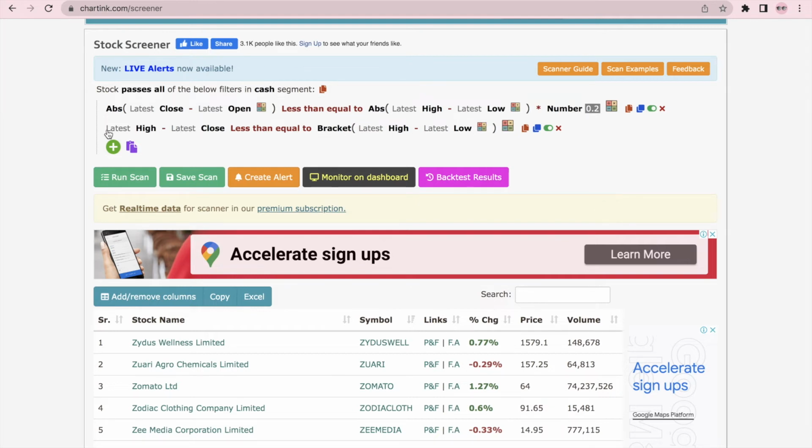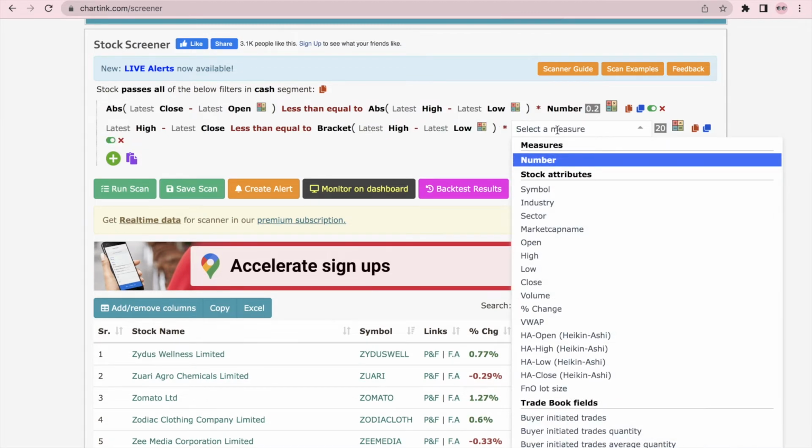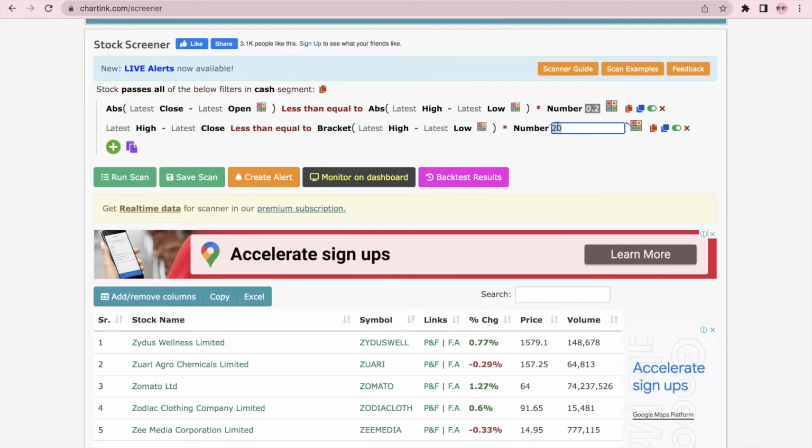So now what we have coded is high minus close, whatever the number is, is less than equal to high minus low. This will obviously be true, but we will have to multiply this whole range with a number, 0.25. Okay, so which means that the closing is above 75% of the range.